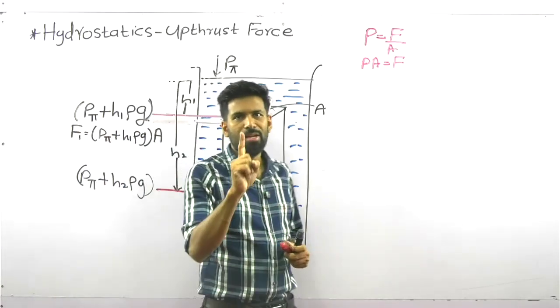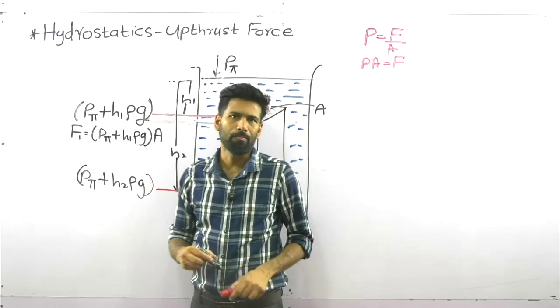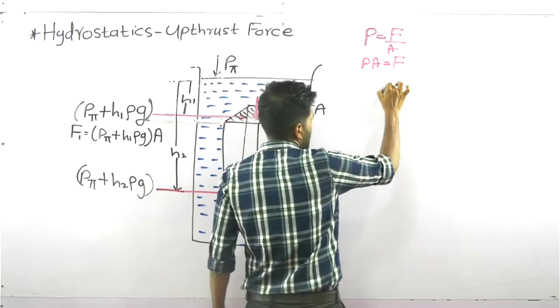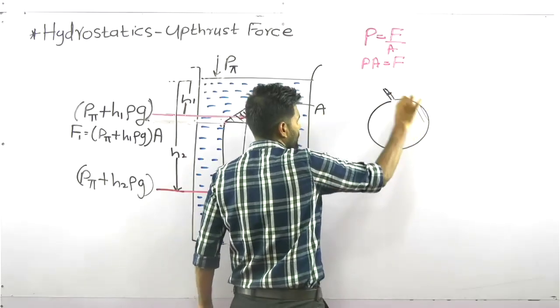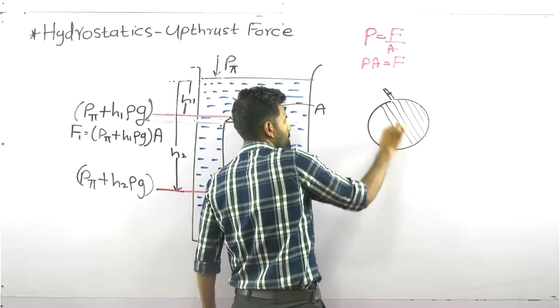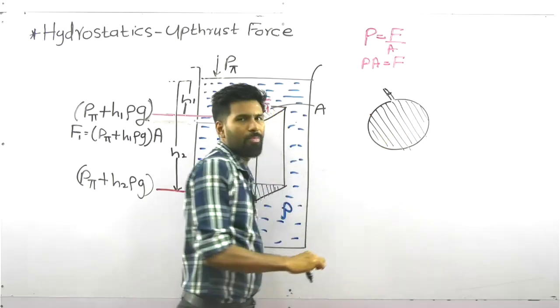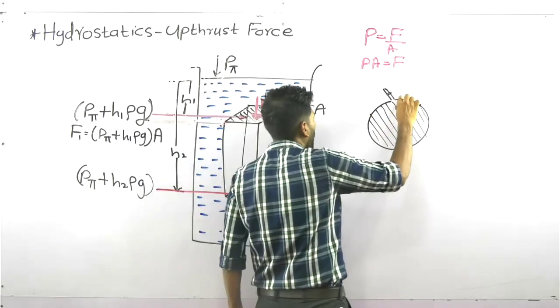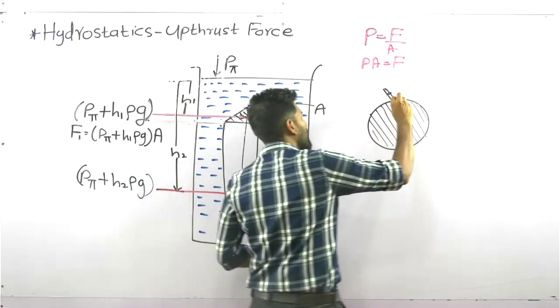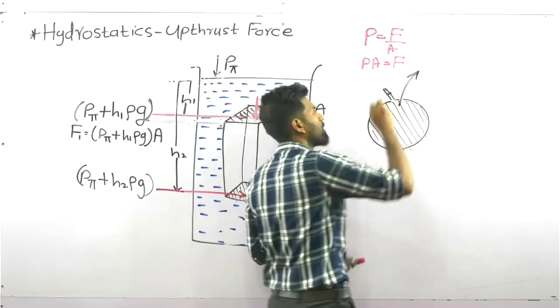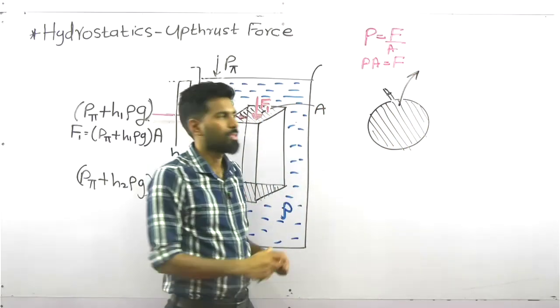And last week I told you a very special theory. Can you remember? When you take a balloon filled with a liquid and you make a small hole on it, on this place, what happens? The liquid will come out in this direction. What do you mean by that?